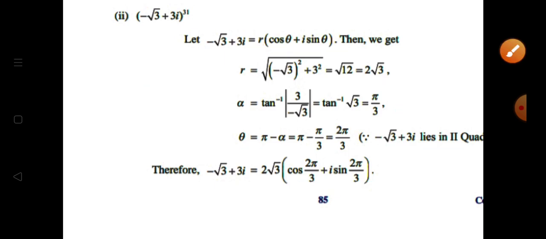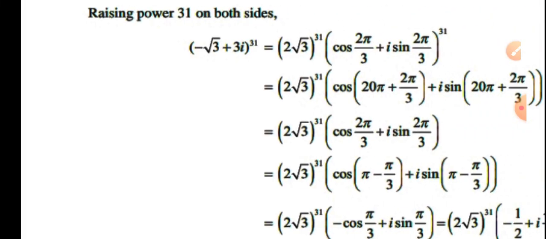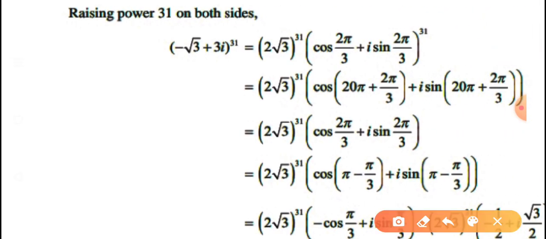Now we are going to raise the power 31. So raising power 31 on both sides, we get minus root 3 plus 3i whole power 31 equal to 2 root 3 power 31 into cos 2 pi by 3 plus i sin 2 pi by 3 whole power 31.